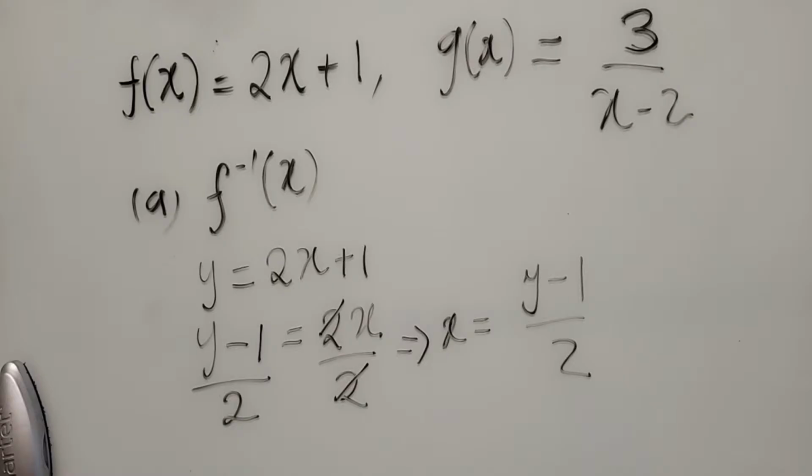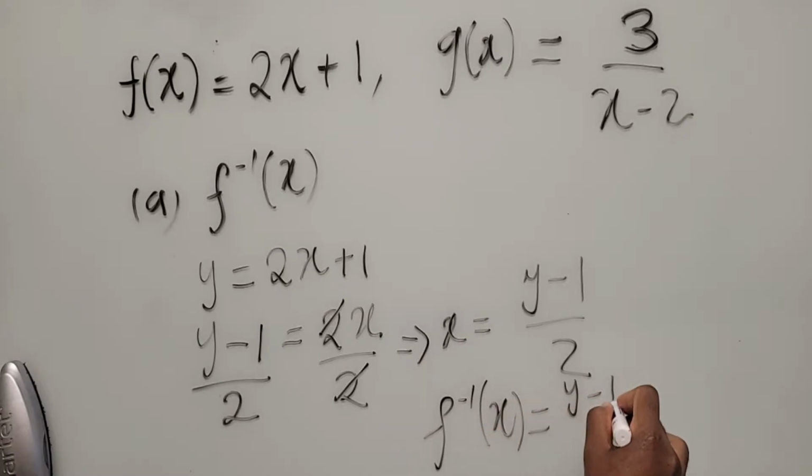Because we interchanged x and y, where there is y, you just put x. So f inverse of x is, not y, I need to write x here, sorry, x minus 1 over 2. So that is the inverse.